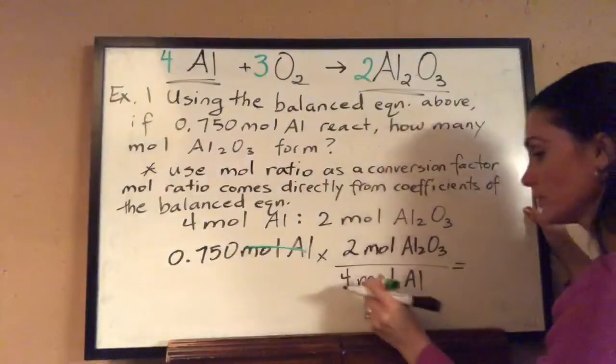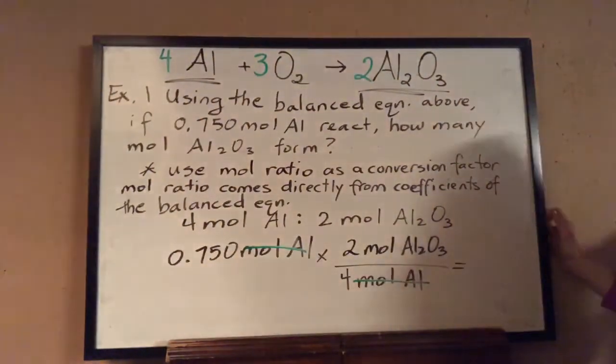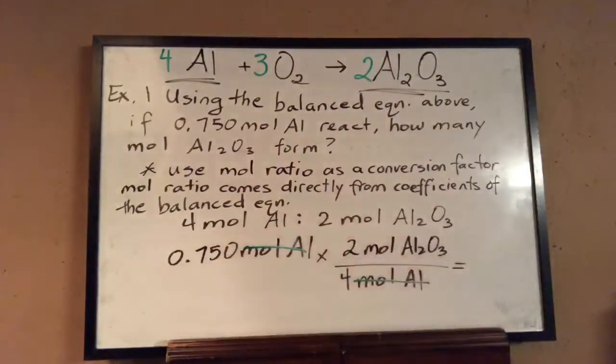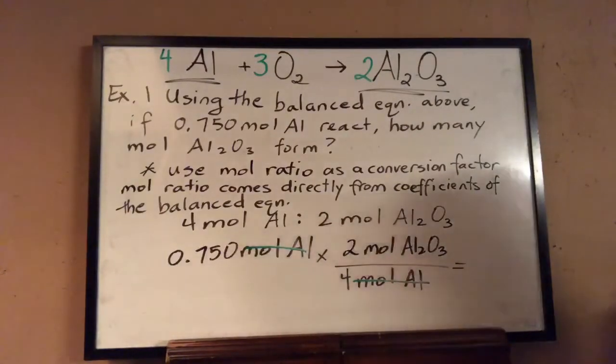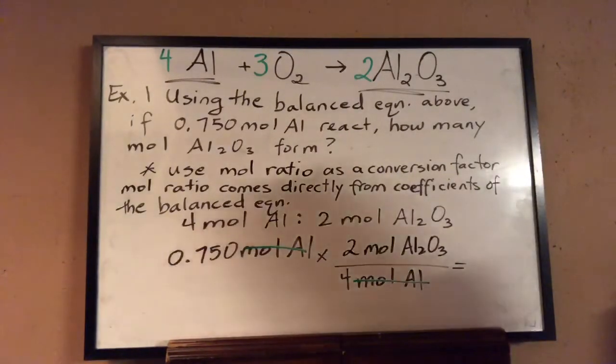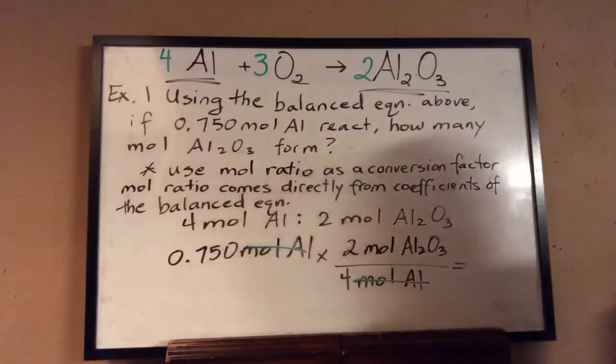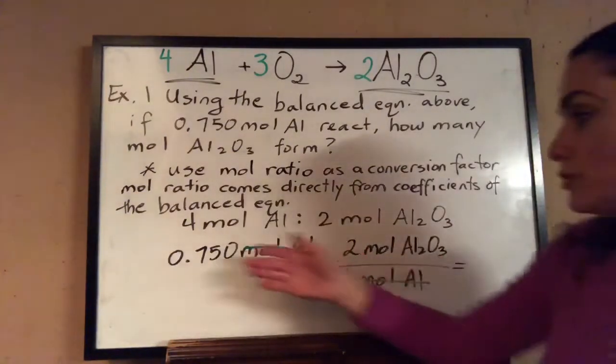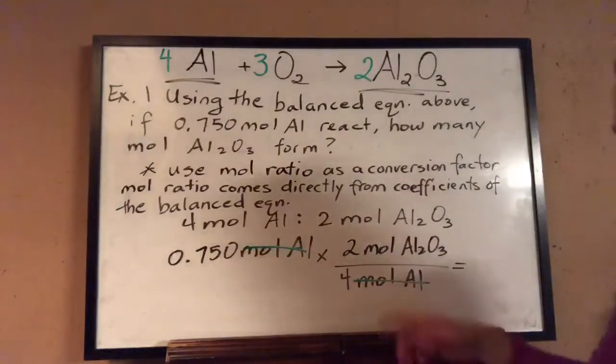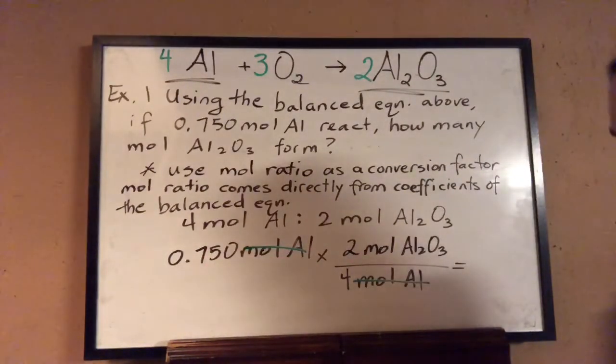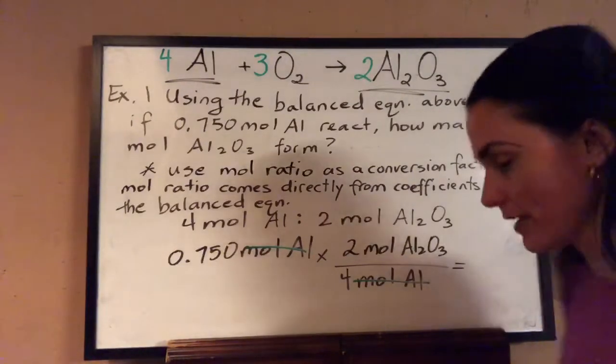Units of moles of aluminum cancel out, and then you do your math. You have 0.750 times 2 over 4, or you could do 0.75 times 1/2 if you wanted to reduce that. Again, depending how your comfort level is with the math.